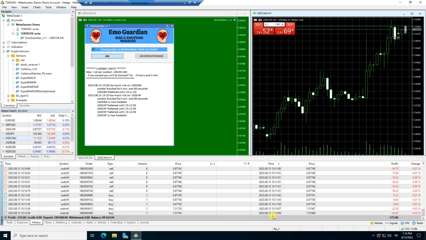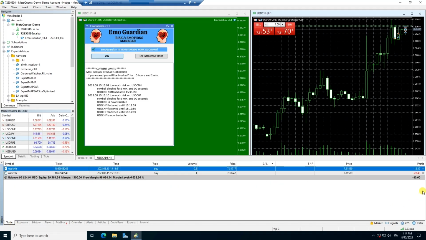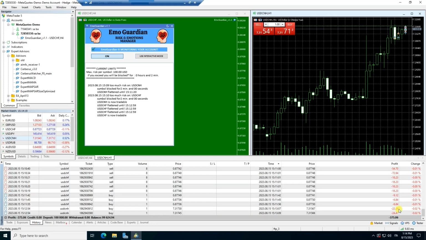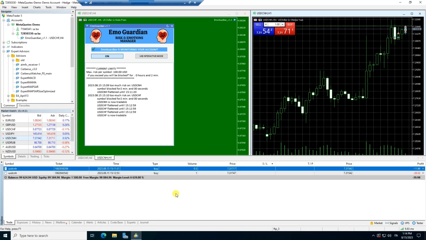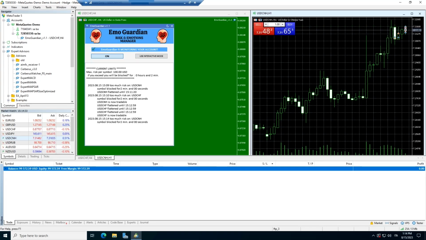So in this previous trade, you have already taken a loss of $46. And what the EMO Guardian will do is consider this loss as part of the same trade. So it doesn't matter if you close part of the trade. This total risk is computed flat to flat.